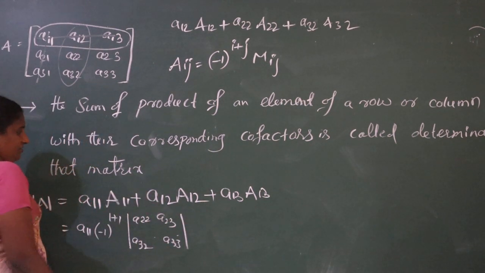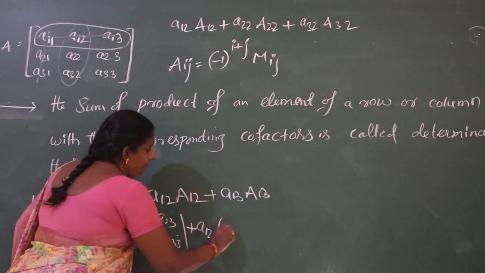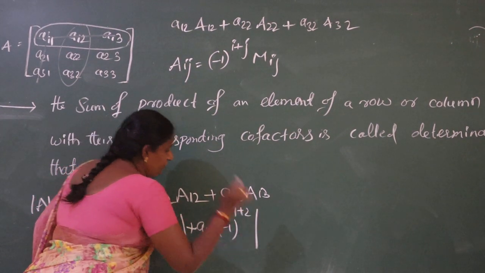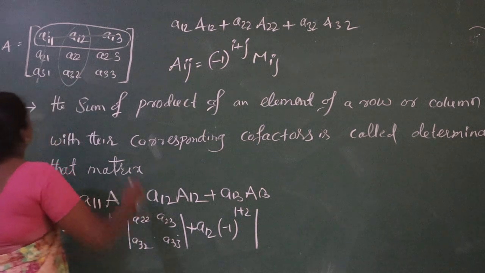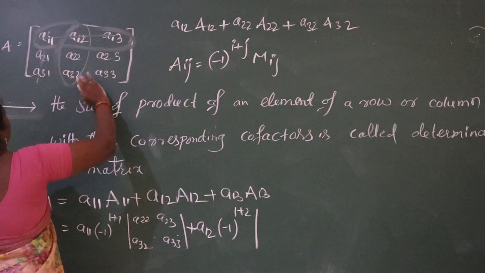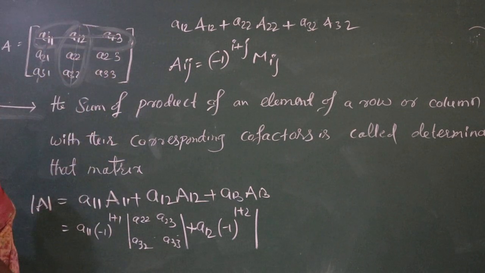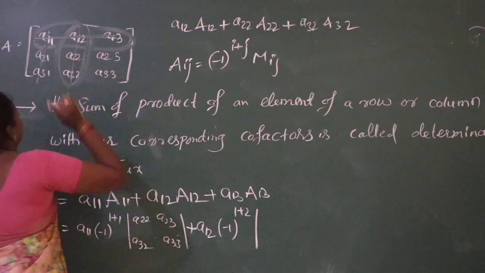Next, plus small a12 into minus 1 whole power 1 plus 2 into det of: remove a12, meaning remove its row and its column, both removed, remaining 4 elements write down.